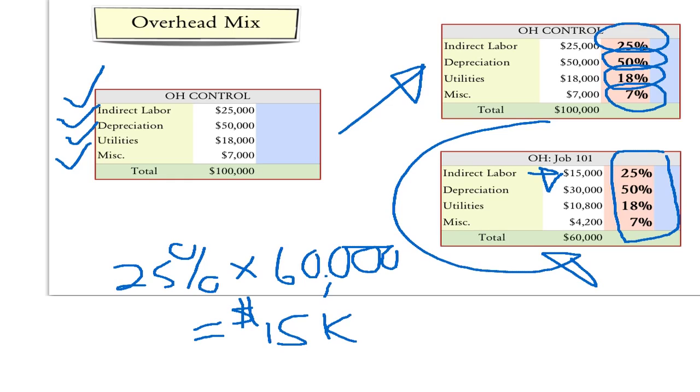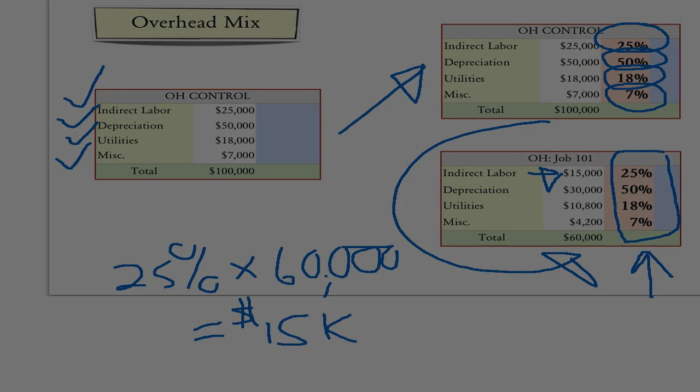Of course, what's important here is that job 102, even though it only gets $40,000 of total overhead, will still have the same mix of resources assigned to it. And the question is, is that mix appropriate for both jobs 101 and 102?